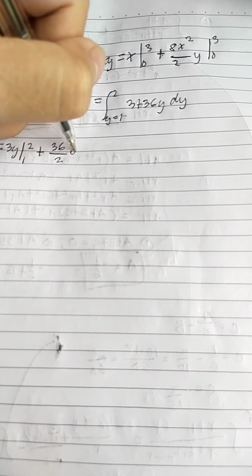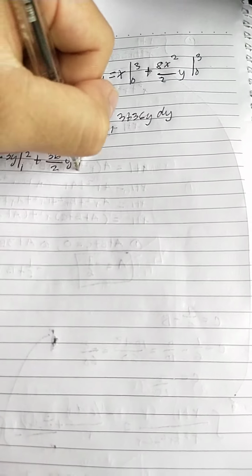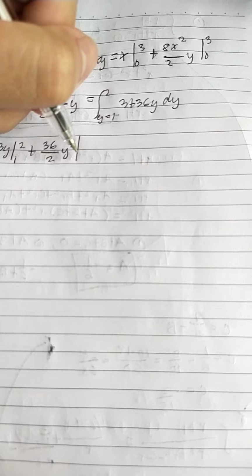So it is equals to 3y, the integral from 1 to 2, plus 36 all over 2 y raised to 2, the integral from 1 to 2.